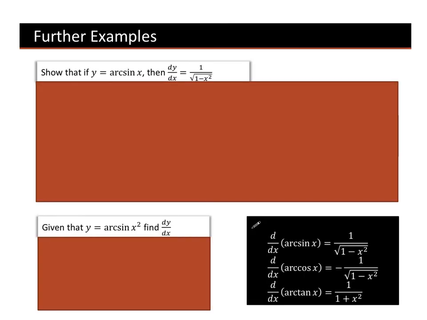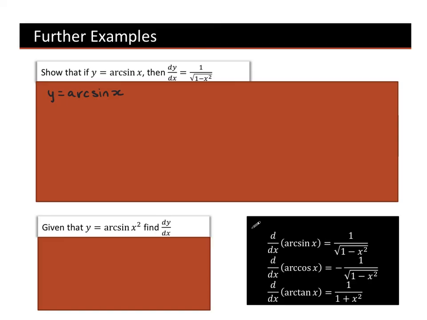Show that if y equals arc sine x, then dy by dx equals 1 over root 1 minus x squared, okay? So, step 1. We know that y equals arc sine x, okay? How do we get rid of arc sine? It's the inverse.